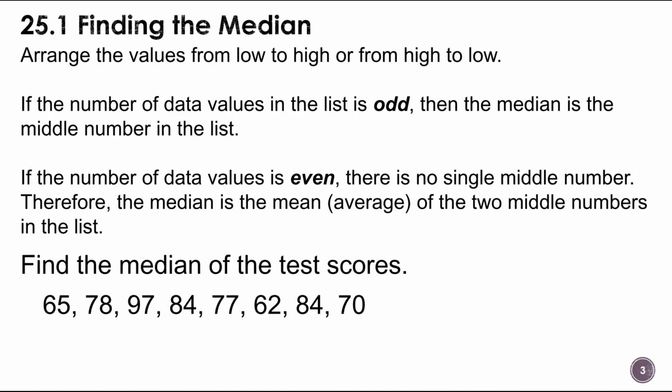And then median. So there's quite a bit to read. You have to arrange your values from low to high or from high to low. It doesn't really matter which one you do. I think it probably makes more sense to most people to go from low to high. If the number of data values in the list is odd, then the median is the middle number. And you can think about median as a reminder, the median between the lanes of a highway, right?